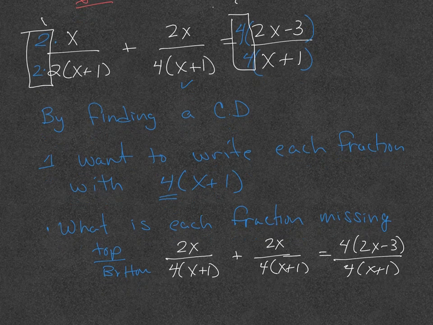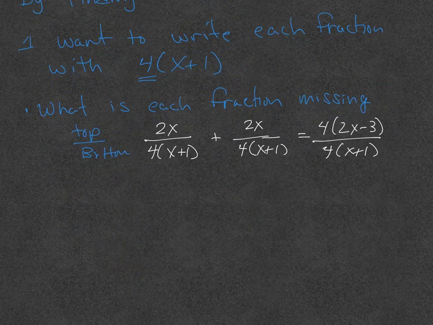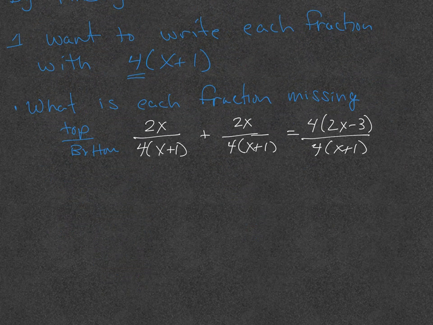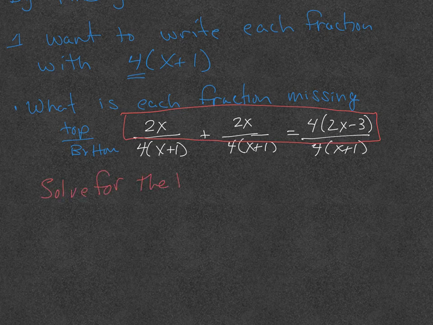Now, the neat thing about this, even if you would have done it this different way, the same idea is right here. All of the denominators are the same, right? So when all of the denominators are the same, all you have to do is solve for the top. Because remember, the denominators are the size of something.